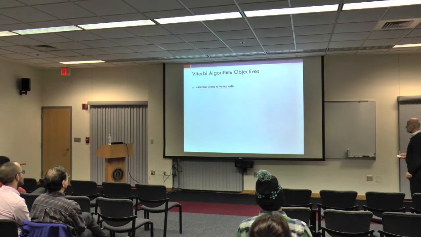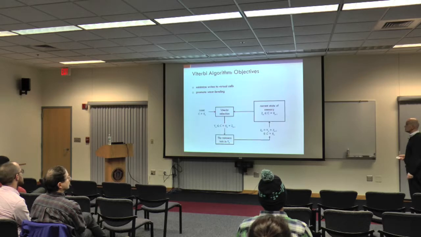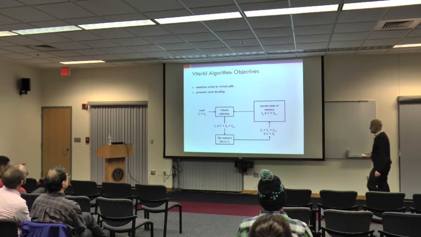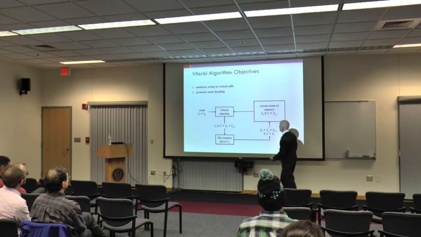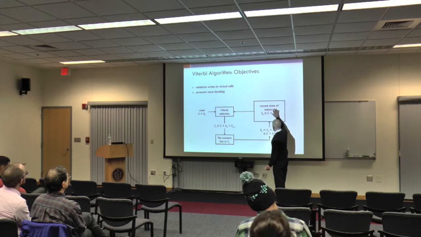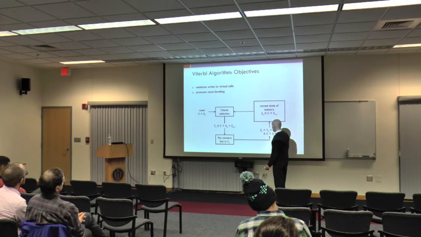This is the Viterbi algorithm. Minimize the writes to the cells. We want to promote what is called wear leveling in the Flash community. This is the little algorithm. We have the current memory, and there's something that we want to write.